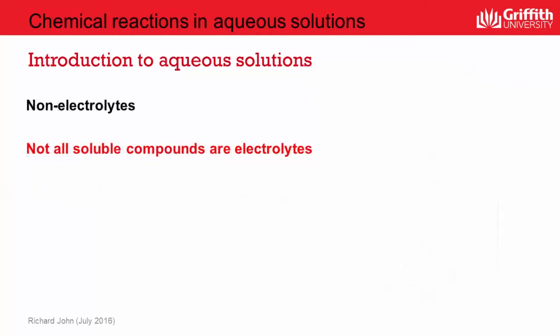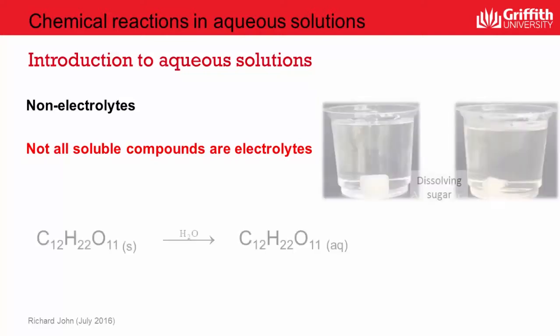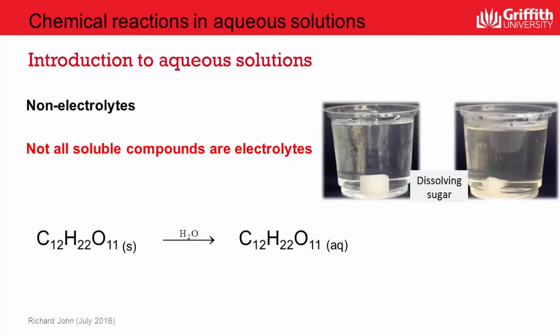You may think that anything that dissolves in water produces an electrically conducting solution, but that's not the case. Not all soluble compounds are electrolytes, and in fact we have many molecular compounds, and here's an example you'd be familiar with, the dissolving of sugar.